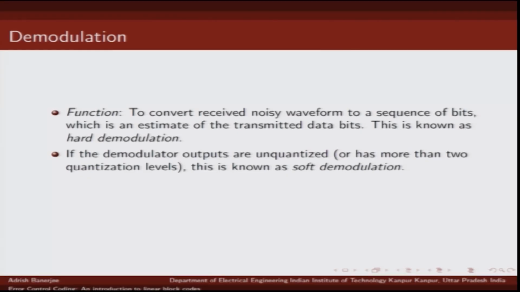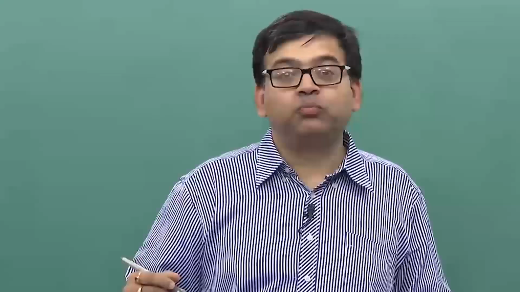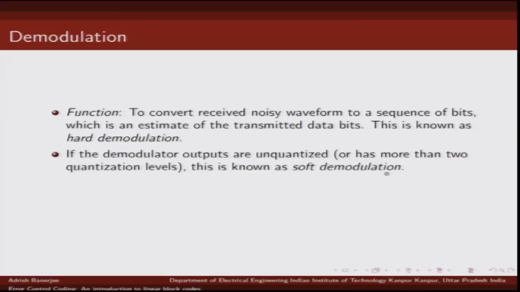So, in hard demodulation you lose that information. If instead of just directly mapping our received 0.01 to 0, we also kept some idea about how sure we are, or how close we think it is to 0 or 1, then that information is useful, and that is captured in soft demodulation.